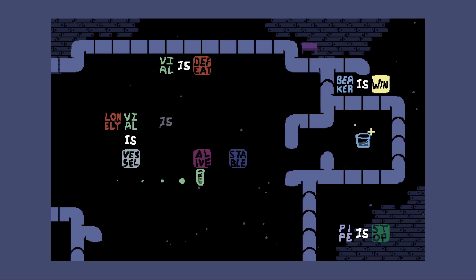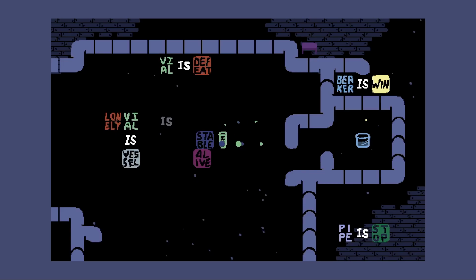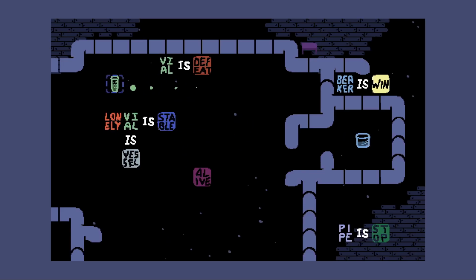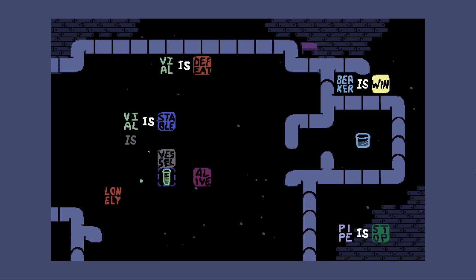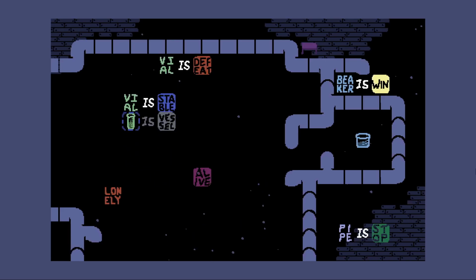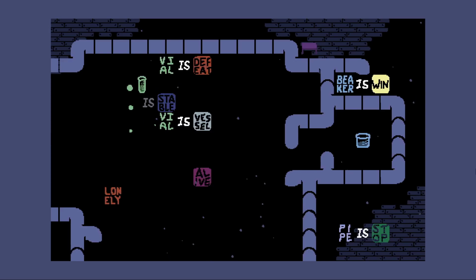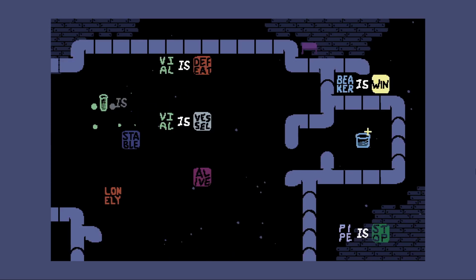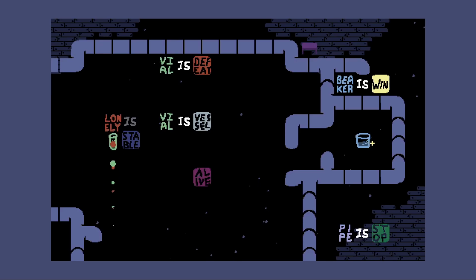Right, so let's start by making vial is stable first. No need for the lonely. Remove the vessel and make it horizontal. So something like this. No. Something like that would work. Because I want lonely vial is stable like this, with the vial here. So I can arrange this into forming this L shape here.